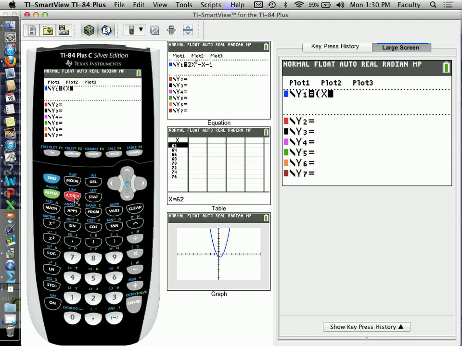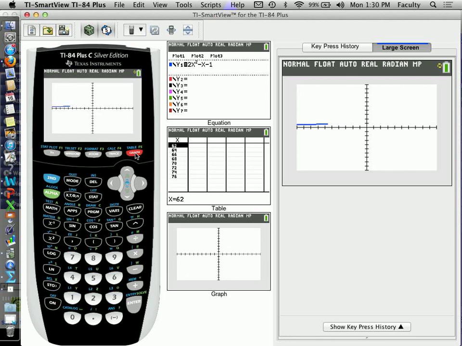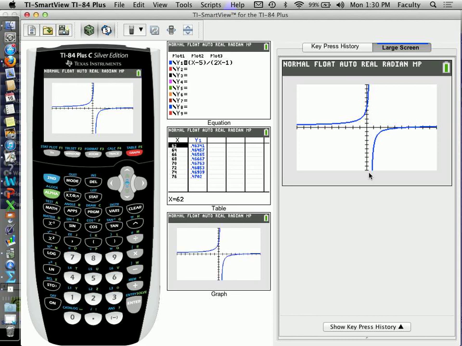Remember, you have to put numerators and denominators in parentheses when there are sums or differences. Otherwise, you're going to get a very different looking graph. Okay, so we can see here that there is, in fact, a vertical asymptote at x is 1/2, and there is a 0 at x equals 5.